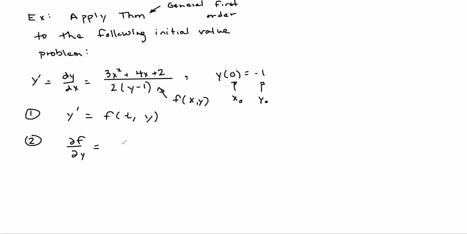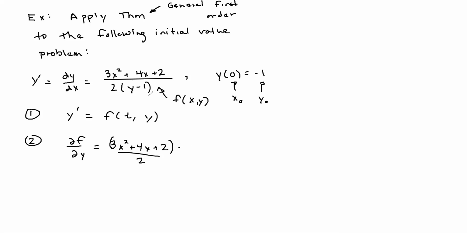So if we're differentiating this with respect to y, that means we treat the x as a constant, so we keep 3x squared plus 4x plus 2, and then you could pull out the 2 as well, so over 2, and then we multiply by the derivative of this piece here.